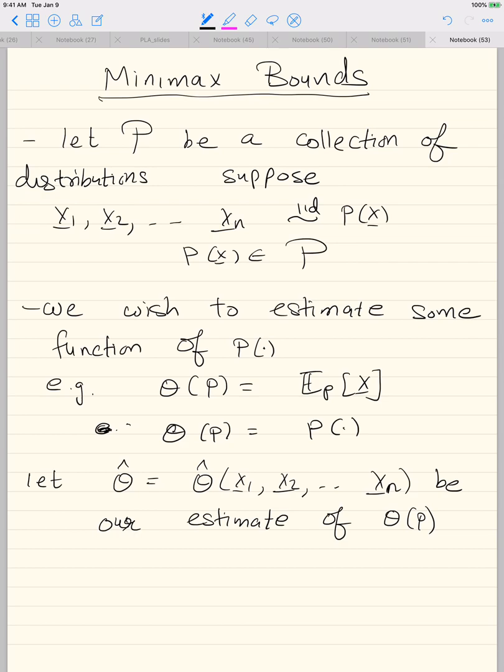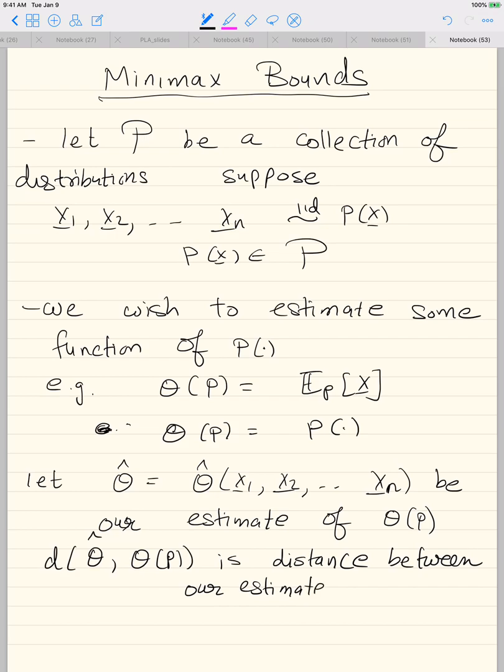If we know P, theta of P is the true value. We would know the mean and so on. So d of theta hat and theta of P is a distance metric. This is the distance between our estimate theta hat and theta of P, the true value, right?